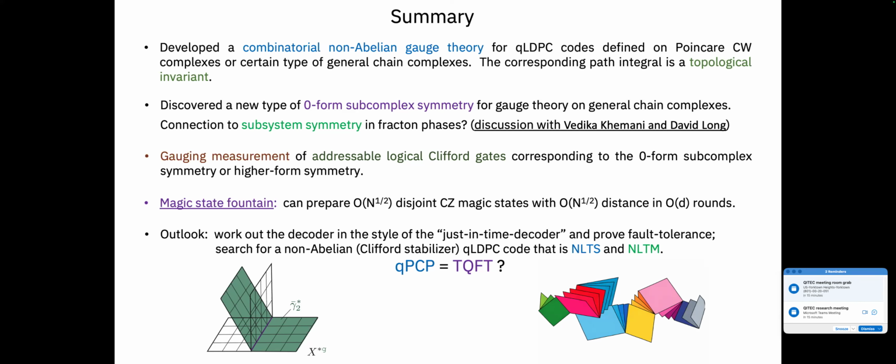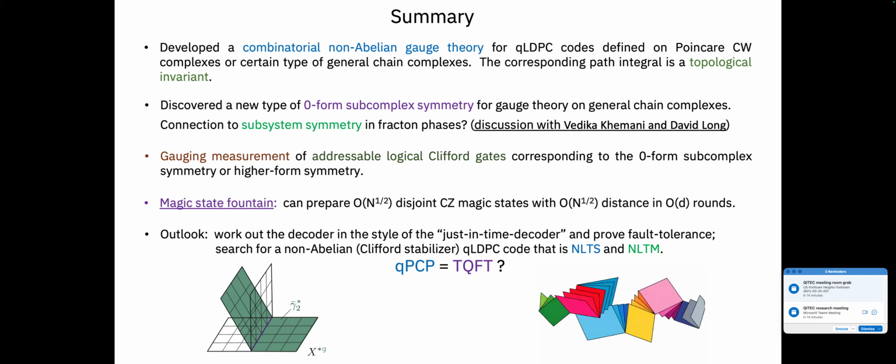Yes, very nice. Implementation-wise, how easy is this to implement compared to something like a surface code? Oh, for the code itself, people are working hard, at least IBM and some other companies, building very large codes.